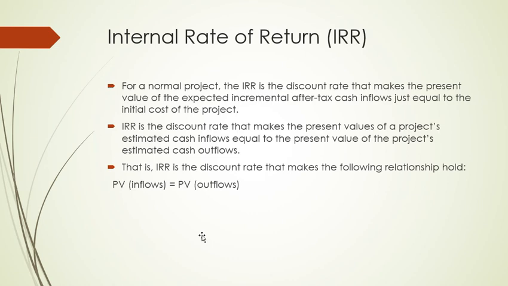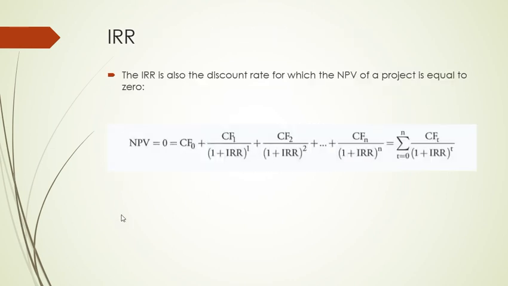That is, IRR is the discount rate that makes the following relationship hold. Your inflows should equal the outflow. That's why when we're calculating the IRR, we always take the NPV as zero. The same formula, but NPV will be equal to zero.